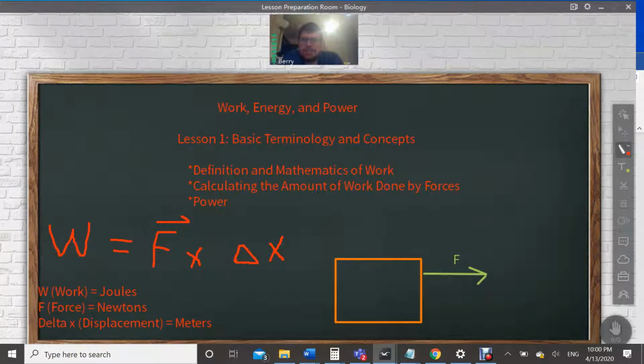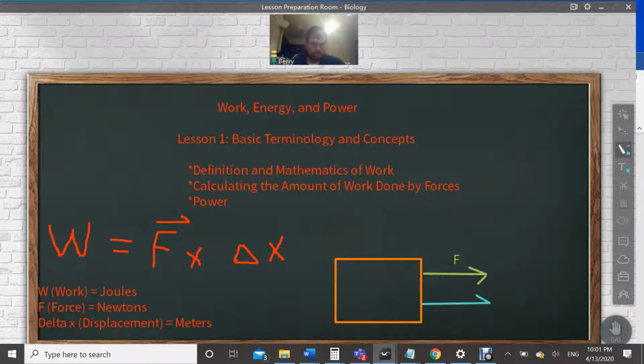Well, what does that mean? Well, in this situation, we pulled the box to the right. And what do we assume about the displacement?